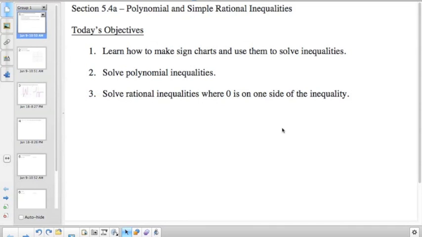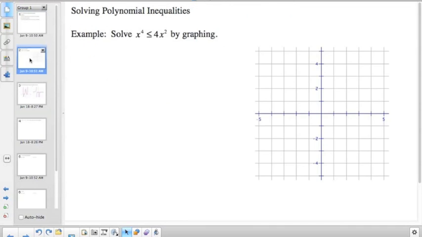And the first thing we're going to do is solve this particular inequality by graphing. So what we want to do is take x to the fourth less than or equal to 4x squared, and we're going to bring the minus 4x squared over so that we have this.